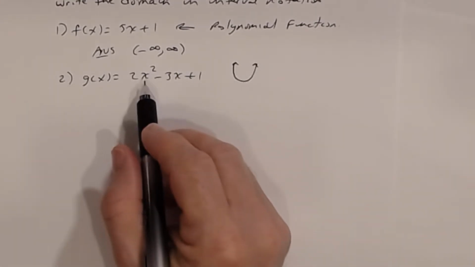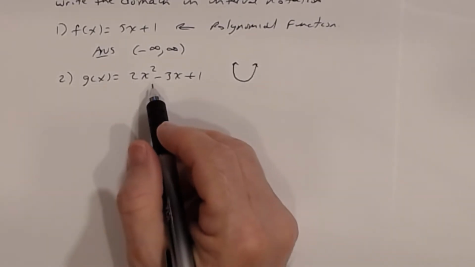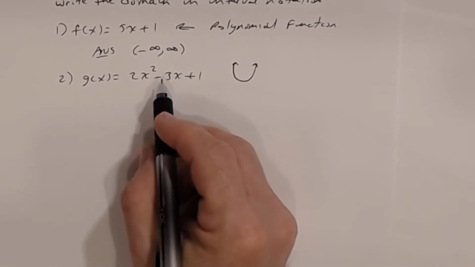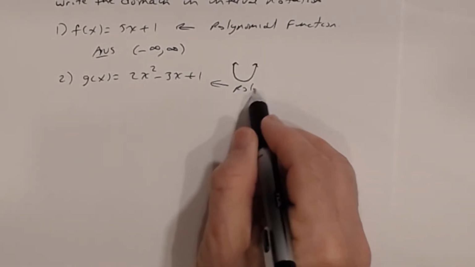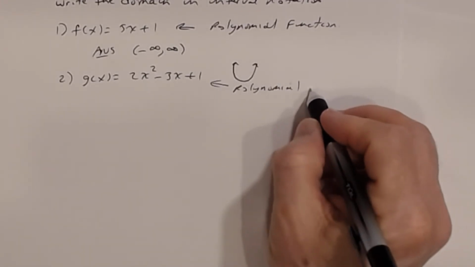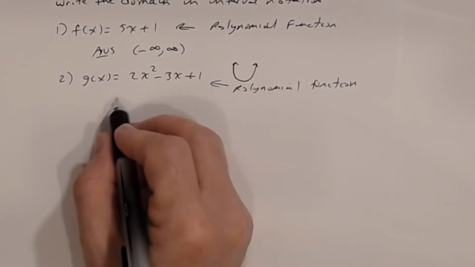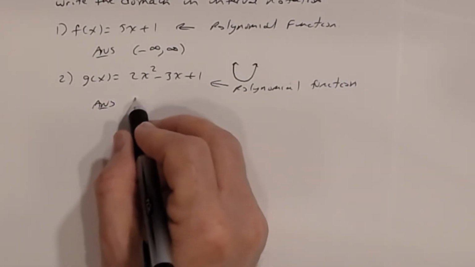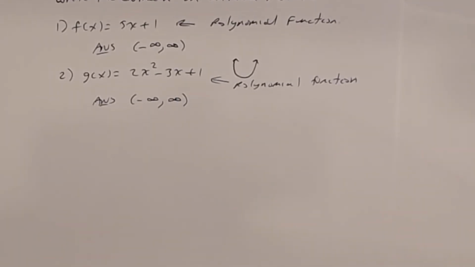But you didn't have to recognize it as quadratic, although you do know that. You just have to know that this is a polynomial function, and the domain of all polynomial functions is all real numbers. As an interval, you're going to say negative infinity to infinity. Number three.